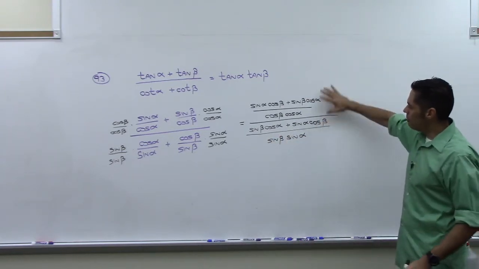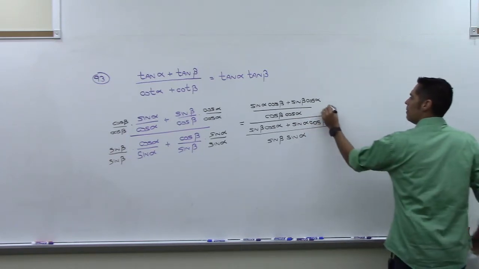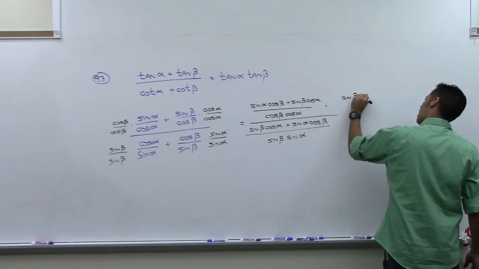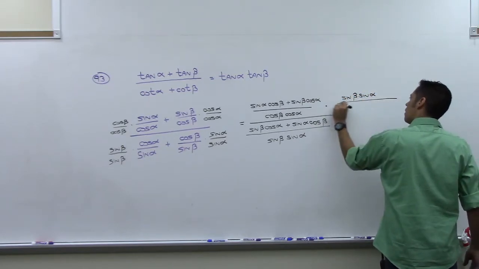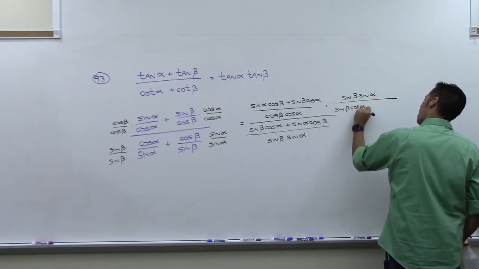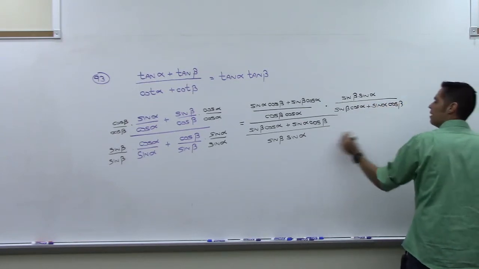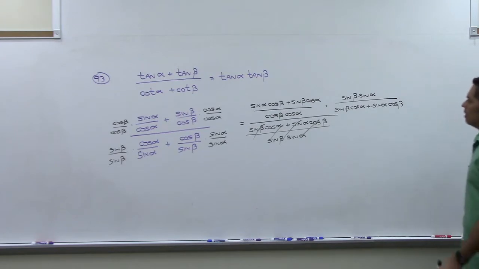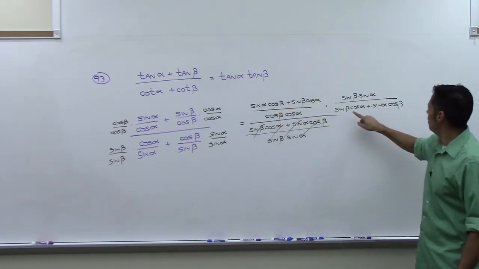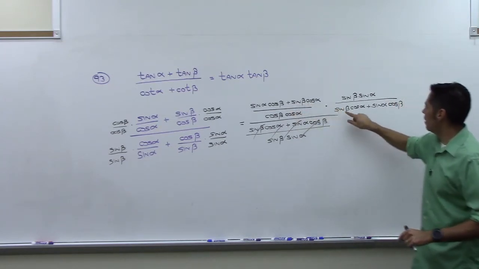And I've got a fraction over a fraction, so I will flip this one. And when I flip it, this comes up top, sine beta sine alpha, over this right here, which is sine beta cosine alpha plus sine alpha cosine beta. And this is now gone. And I believe these two match. Let's check. Sine alpha cosine beta plus sine beta cosine alpha.